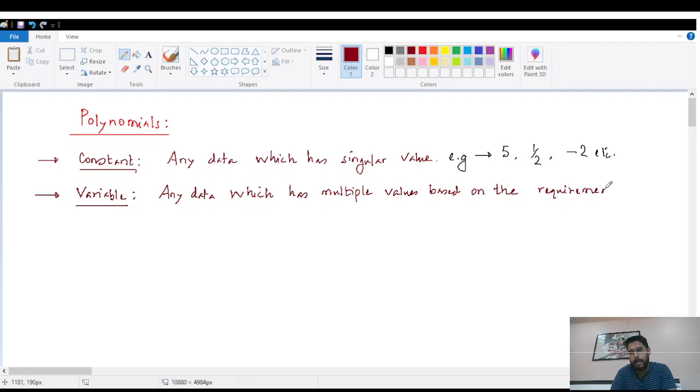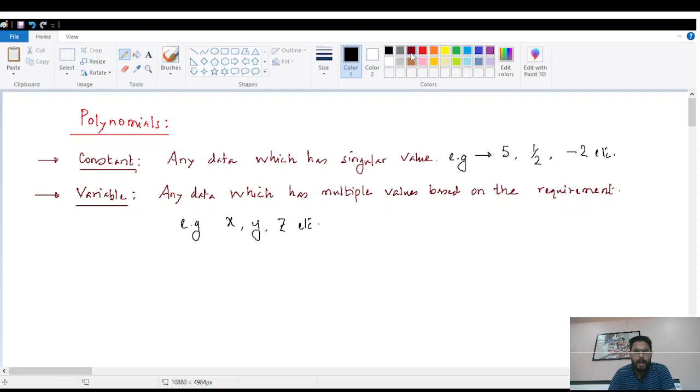Whenever we are getting a question, we assume that particular output with the help of a variable. So suppose they are asking us to find the number of pens, number of notebooks or anything like that, we generally assign that with a particular variable, let's say x or y. So example, obviously the alphabets that we use, x, y, z, etc.